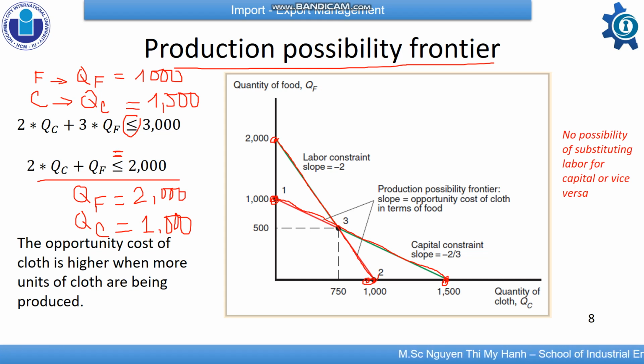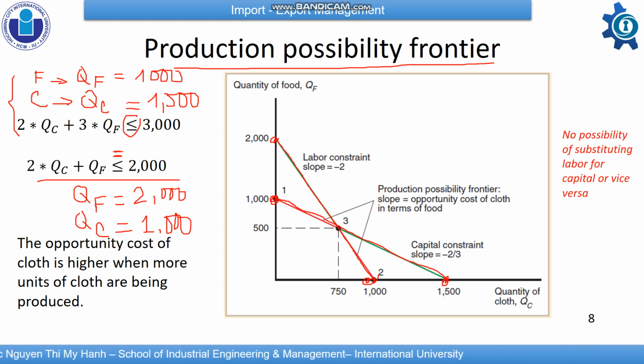Okay. So the first one, when we consider the capital constraint, we just assume what is the maximum amount they can produce of food if they focus all the capital on producing food, and if they focus all their capital on producing cloth, what is the maximum quantity they can produce for each product. So we can draw the line.